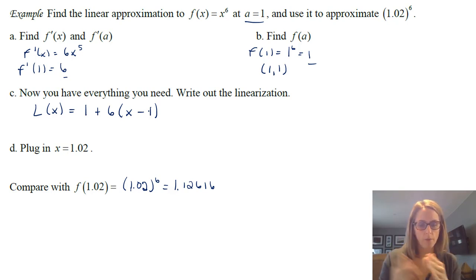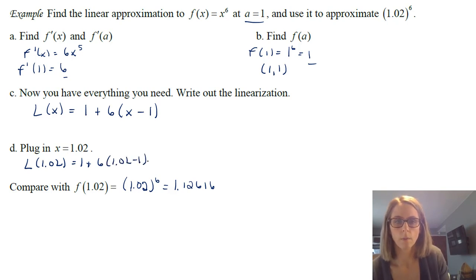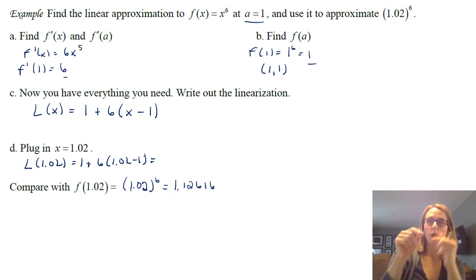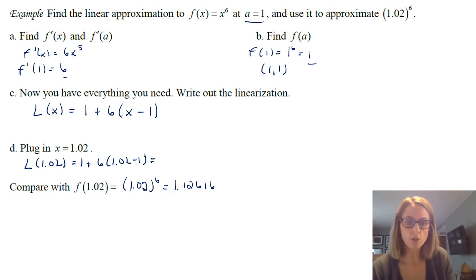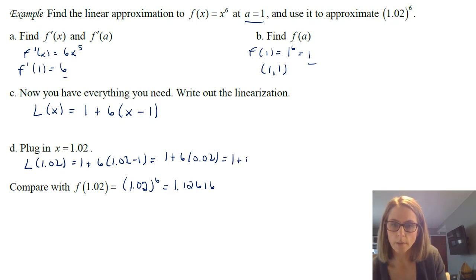If you were to plug in 1.02, because that line is close to the function x to the 6th at a equals 1, the y value should be very close. Because we're only 2/100ths away here at 1.02, we get 1 plus 6 times 0.02, and that's going to give us 1 plus 0.12, so we get 1.12.